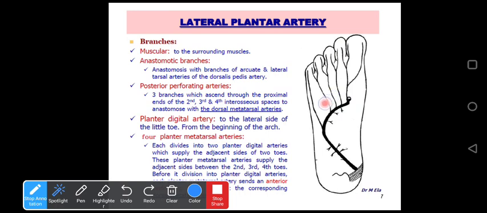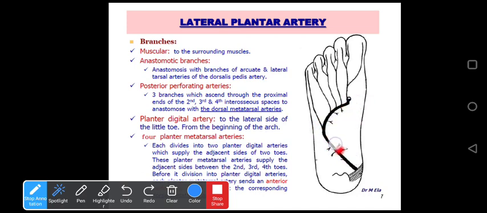The anterior tibial artery continues as the dorsalis pedis. It gives medial tarsal, lateral tarsal, and then comes forward and gives the arcuate artery. After giving the arcuate artery, it takes a dip between the first metatarsal cleft, and thereby it continues with the lateral plantar artery in the sole.